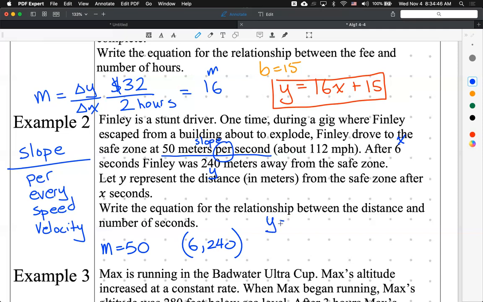Exactly, yeah. So if you start with y equals mx plus b, what do we substitute? Ooh, you did the reverse, yeah. So what should y be?